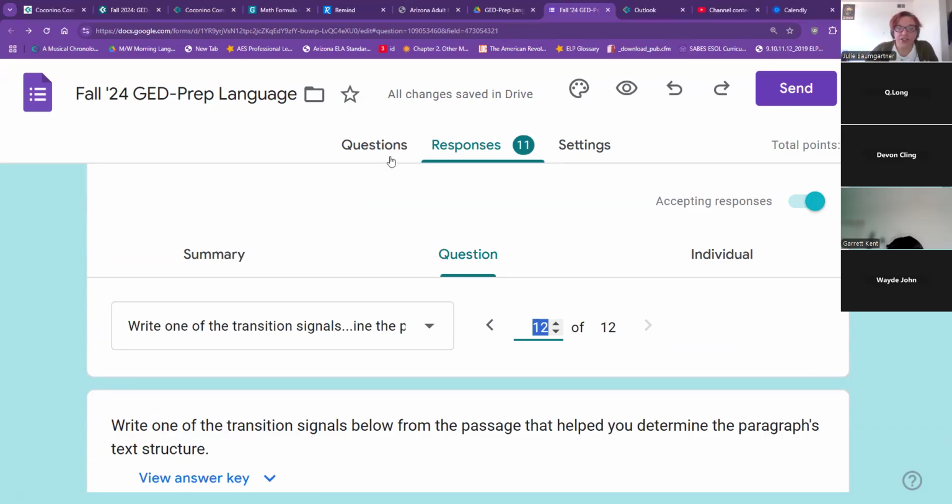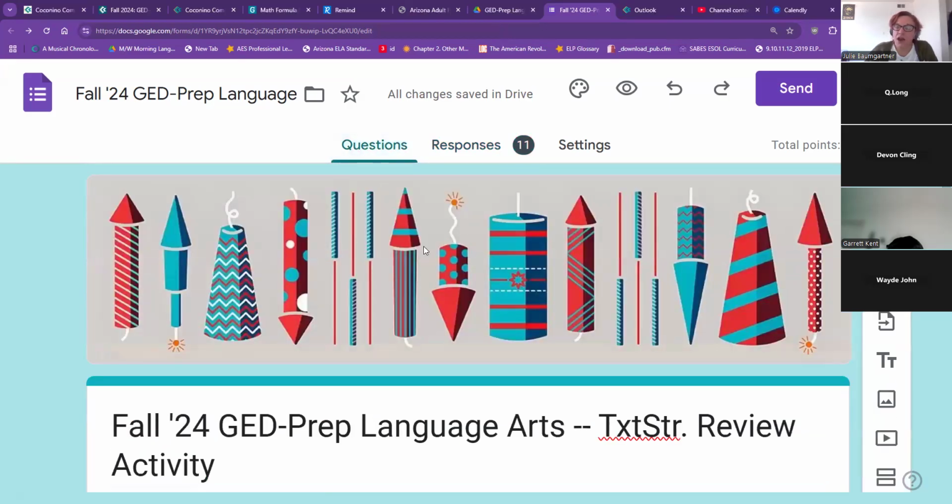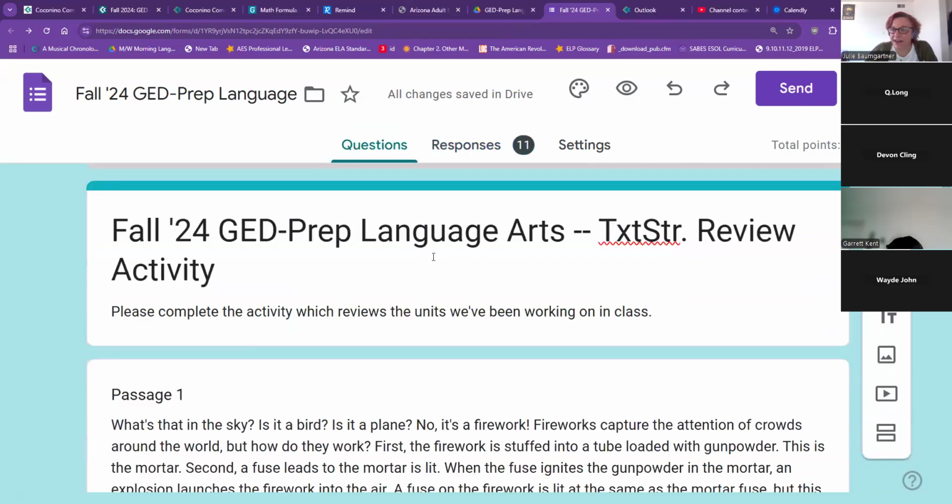Any other questions or comments about this activity? I think you guys did a really good job. And like I said, I liked these texts because they really show how you can take a very broad topic and talk about it in all of these different ways, and hopefully you can see how those texts are structured to express that specific type or kind of idea.